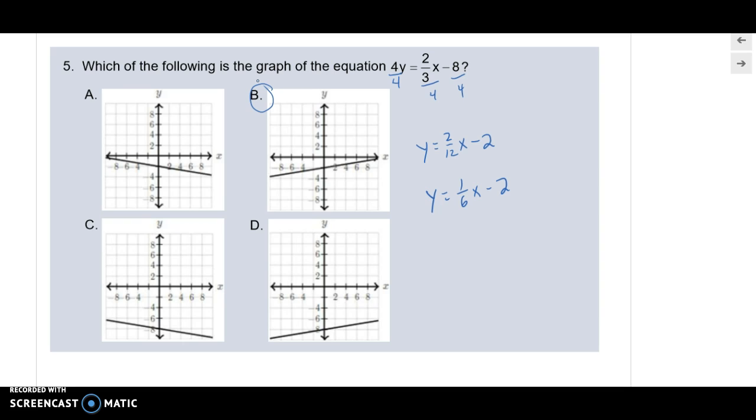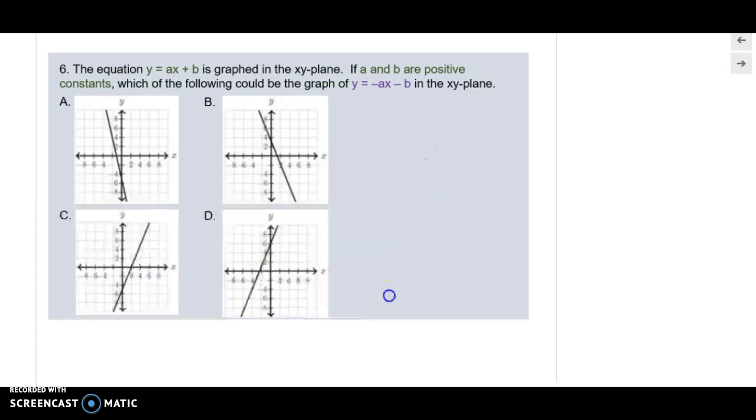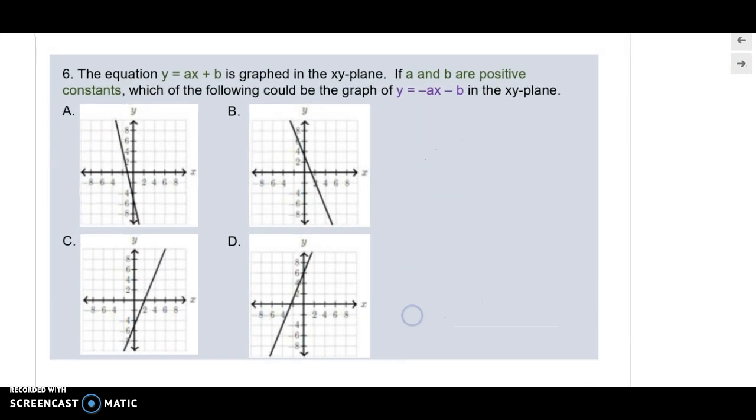Now, if I hadn't rearranged the equation to get rid of that 4, I probably would have accidentally picked choice D. So again, once you recognize it's not quite in the correct form, we do want to make sure that it is in the right form just to get the answer correct. Again, common SAT problem.